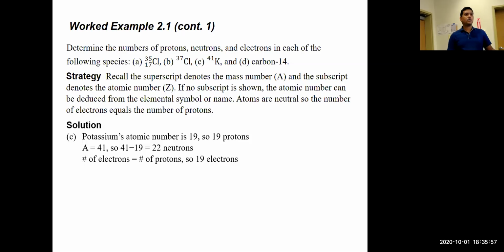All right. The last problem, D, says carbon 14. Whenever it says an element with just a number, it is just referring to the mass number next to the element. Carbon has the element symbol C in the periodic table. If you look for it, you will find that it has the atomic number of 6, which means it is going to have 6 protons.